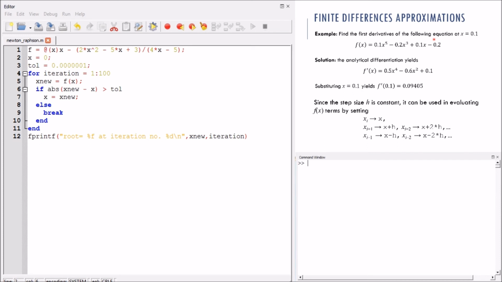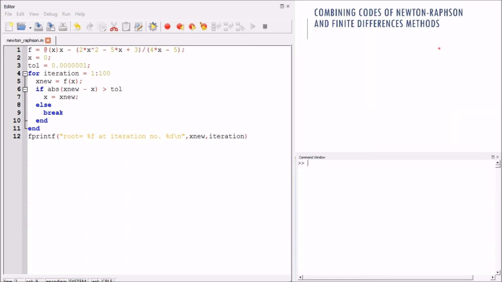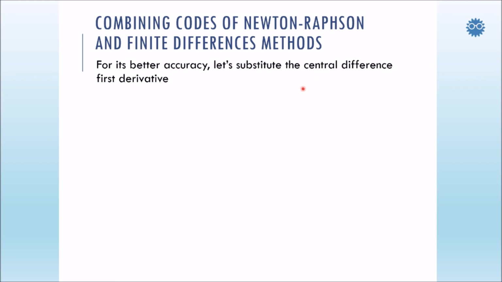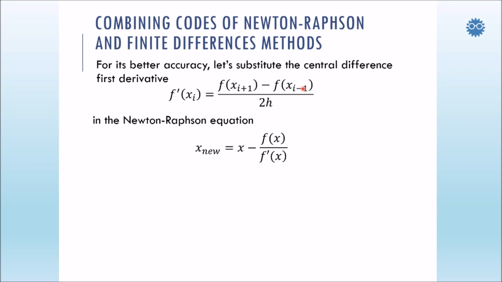Now, let's see how to combine the two methods together. So at first, we will recall the finite differences formula. Then here's the Newton-Raphson.